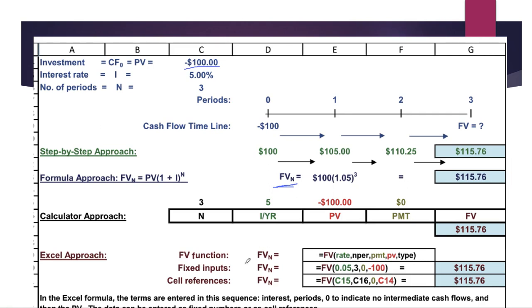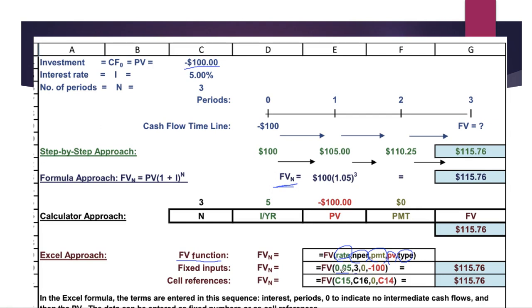There is a particular function for calculating the future value, and that is the function FV in Excel, where you need to input the interest rate, the number of periods, the payments, the present value, and the type. So for example, in this particular problem, we have a 5% interest rate for 3 years.